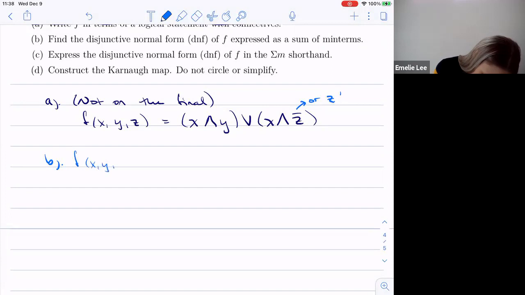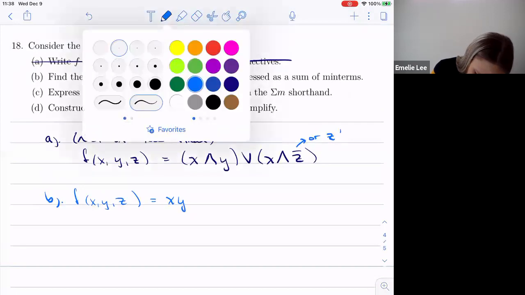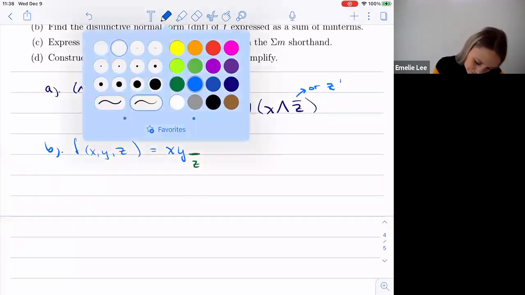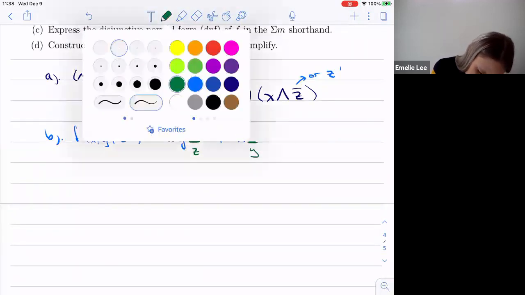F of x, y, z is x, y, and then here, I'll just denote that I'm missing a z component first. Plus x, and then here I'll show that I'm missing a y component.